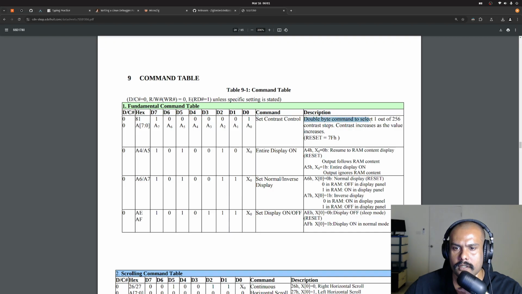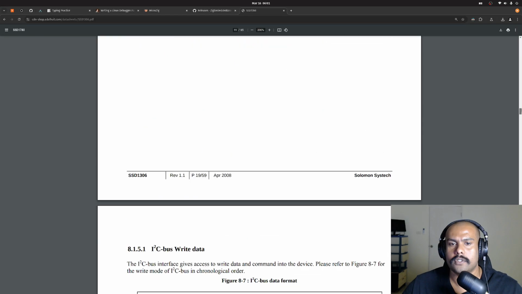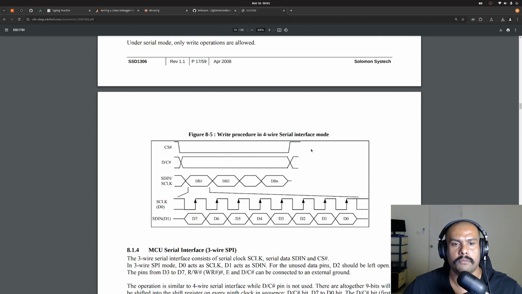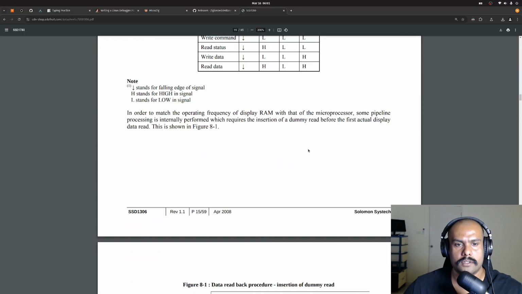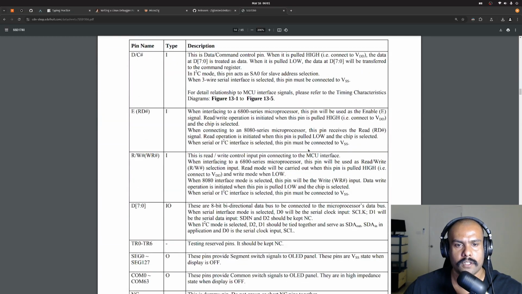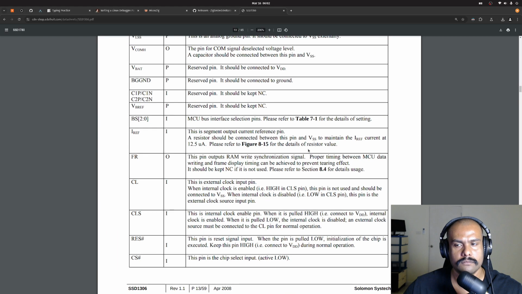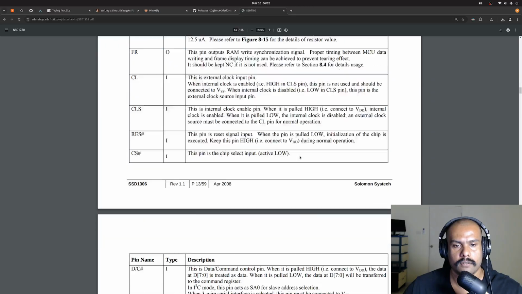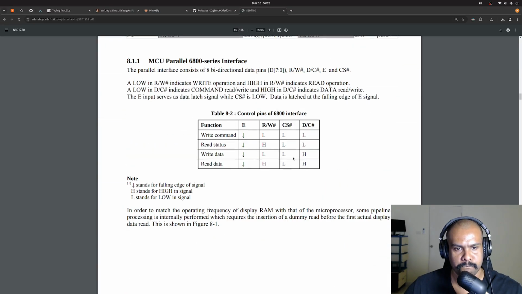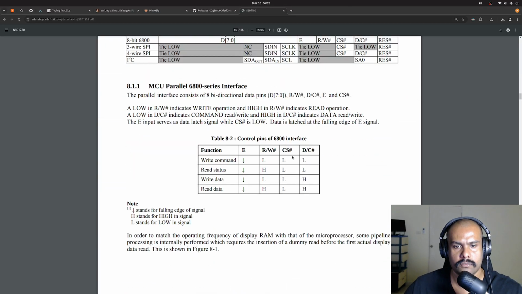Double byte command to select 1 out of 256 contrast. I think I know what it means. If I go back, where is it? It was one of these diagrams.